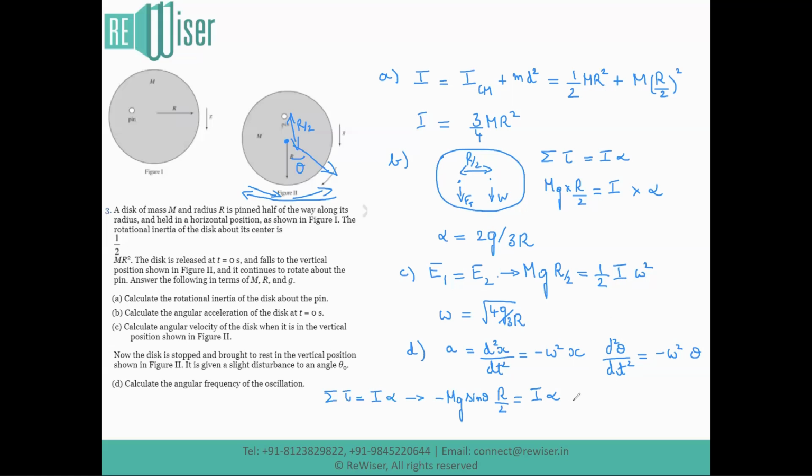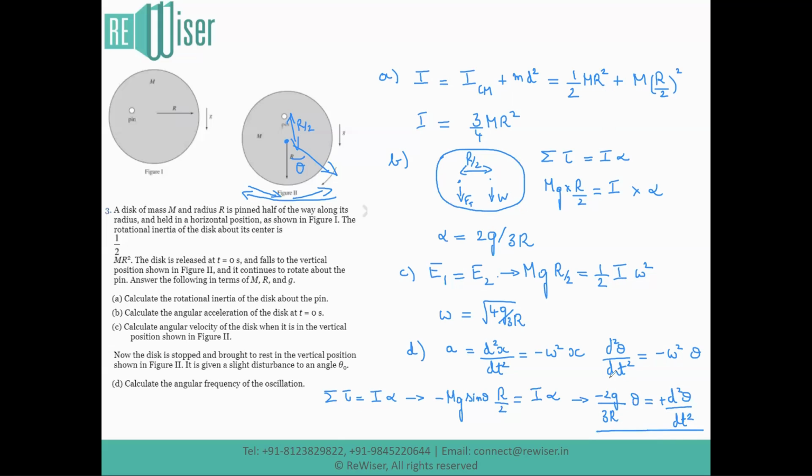approximately minus 2g by 3R theta is equal to d squared theta by dt squared.